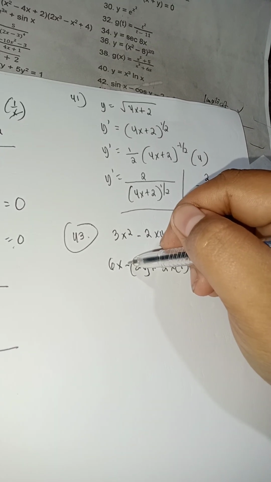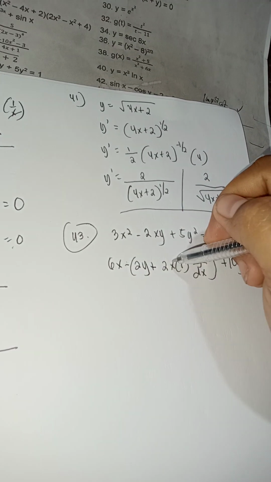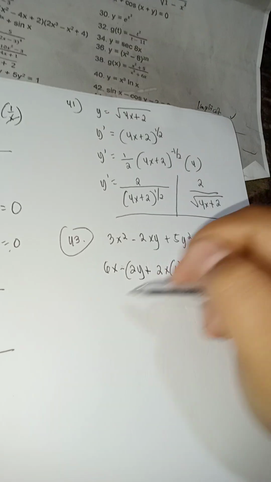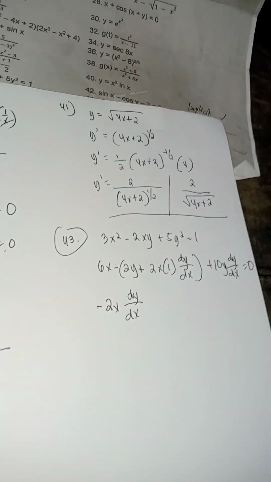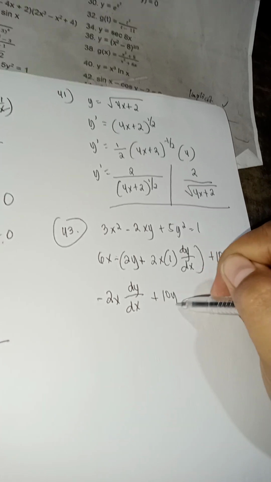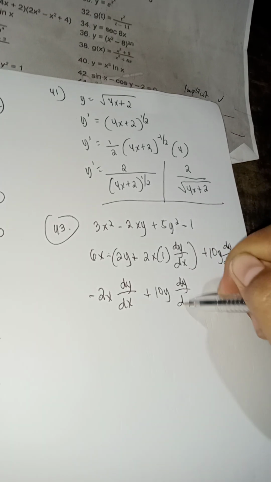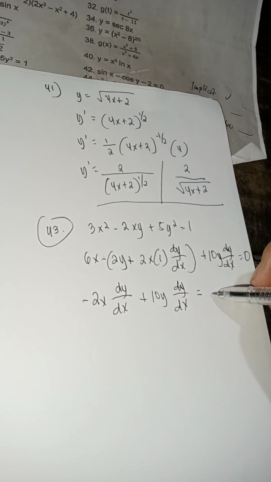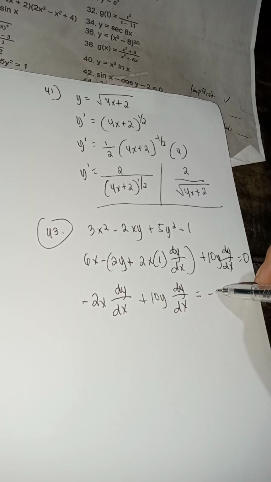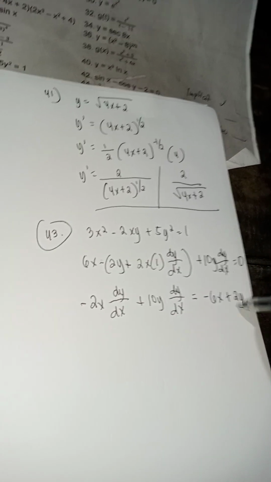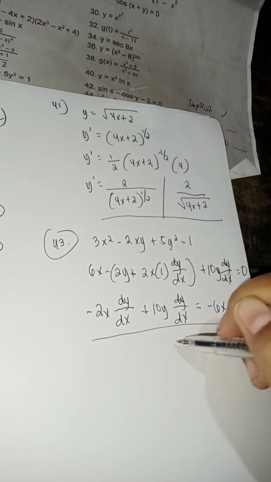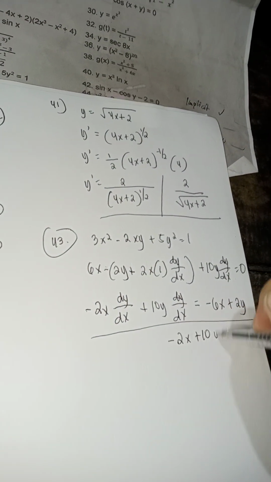So, negative times positive is equal to negative. So, negative 2x dy over dx plus 10y dy over dx is equal to negative 6x plus 2y. Okay, so divide both sides by negative 2x plus 10y.